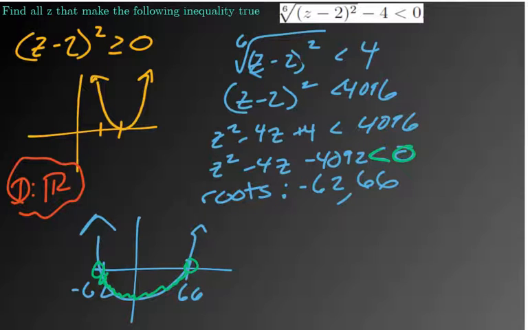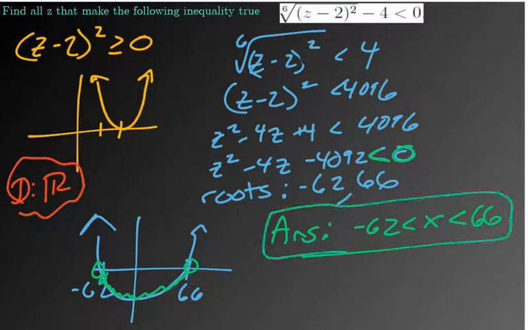So the answer would just be anything from negative 62 up to right before 66, strictly in between those two roots. There's no reason to restrict that domain, and that answer is perfectly fine because we did the domain check over here. But that's it.